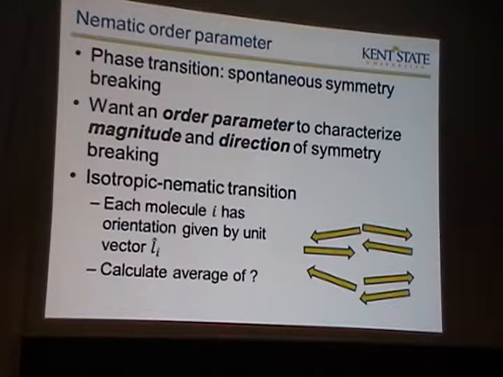So you can say, well, the thing that went wrong with this guess was that it is odd in these vectors. It's the opposite when you have this vector or the negative of this vector. So, instead of that, if you don't want it to average to 0, you better pick something which is even in these vectors, that's the same for a vector or for a negative vector.